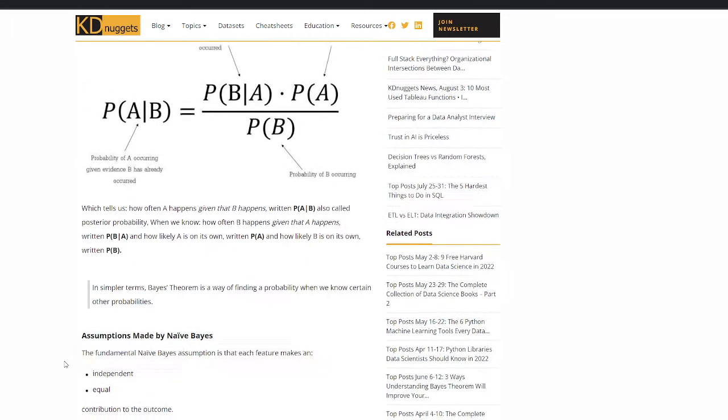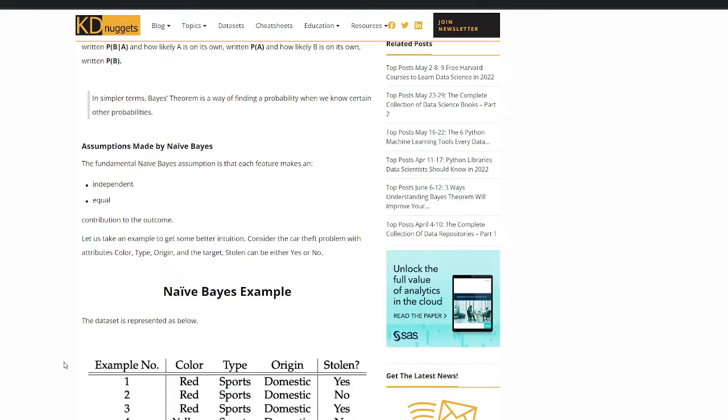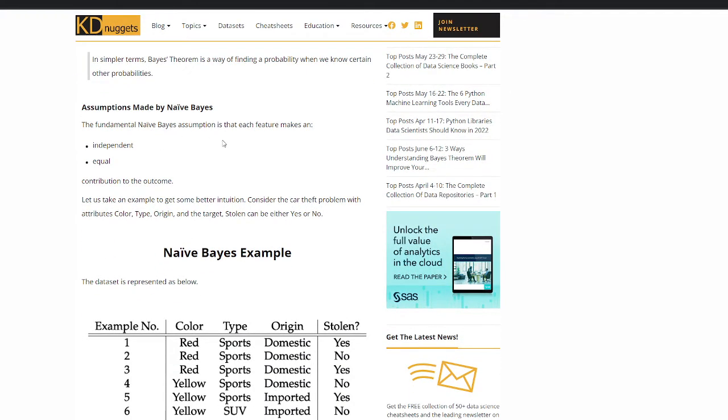Here, why do we call it naive Bayes? Because we have some assumptions. The fundamental naive Bayes assumption is that each feature is independent. What does that mean? Independent means that the color red is independent of yellow, and yellow is also independent of red. The type, sport or SUV, they are independent.